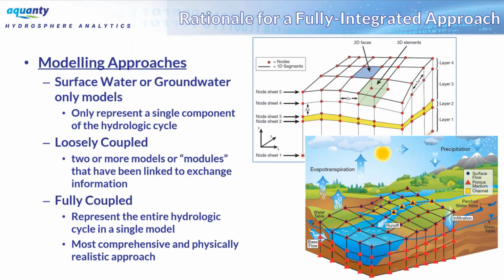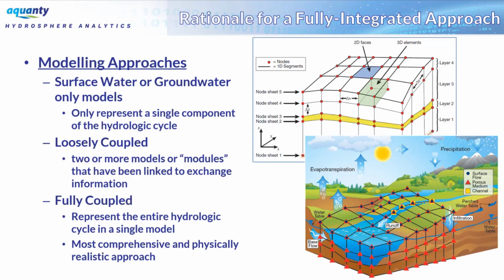In the long history of hydrologic modeling, the vast majority of models have been focused on either the groundwater system or the surface water system, and the impact of the opposite side of the hydrologic coin was basically represented as boundary conditions or forcing data. So surface water or groundwater models only represent a single component or portion of the terrestrial hydrologic cycle.